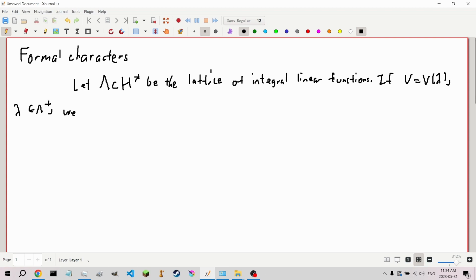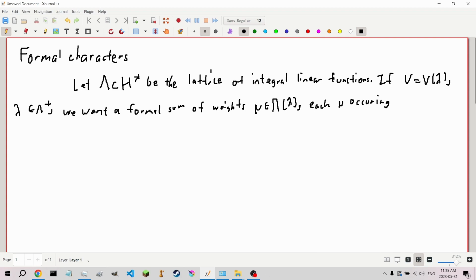we want to consider a formal sum of weights, say mu in pi lambda, each mu occurring with multiplicity of their weight.